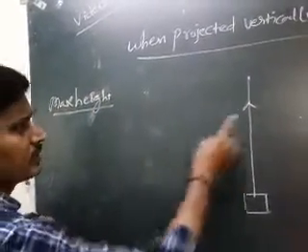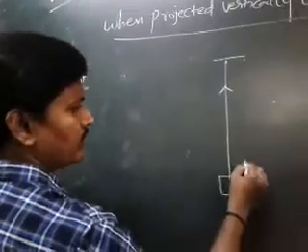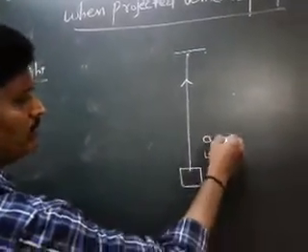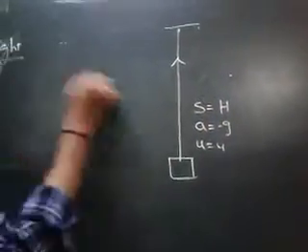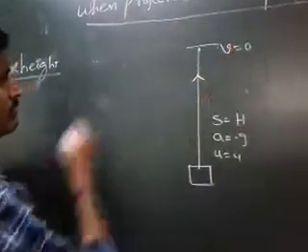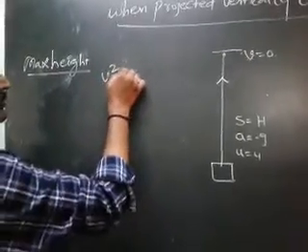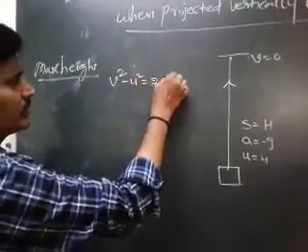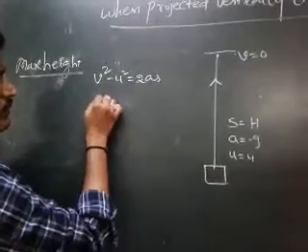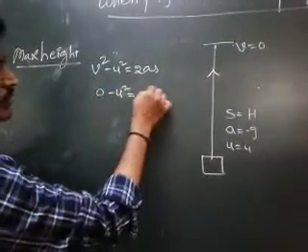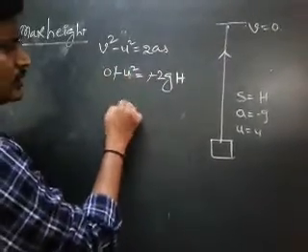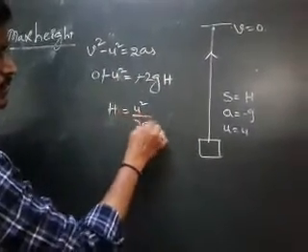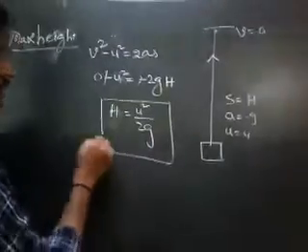What is maximum height? u is equal to u, a is equal to minus g, s is equal to h, right? Here, after reaching the highest point, final velocity becomes 0. v square minus u square is equal to 2as. Therefore 0 minus u square is equal to minus 2gh. Then h is equal to u square divided by 2g.